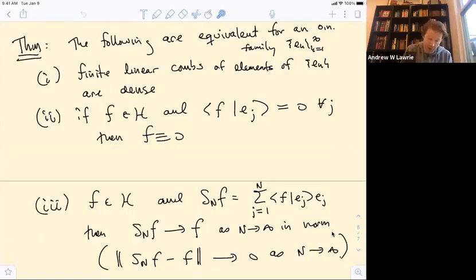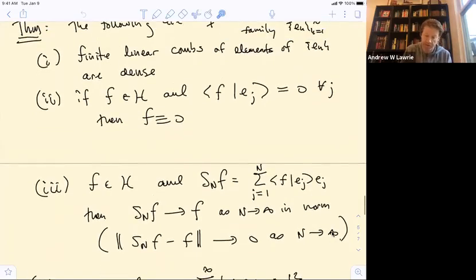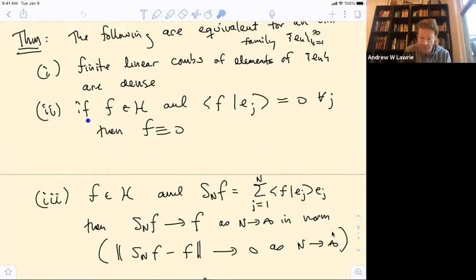And then we have three other equivalent definitions. Alternatively, the EJs are an orthonormal basis if for each element f in H such that f paired with EJ is zero for every j, then f is zero.